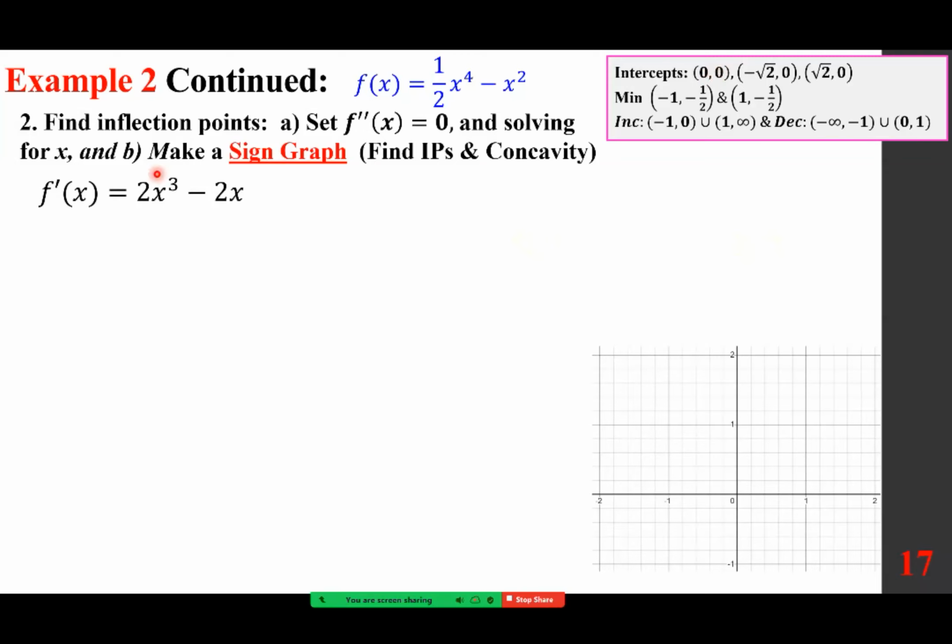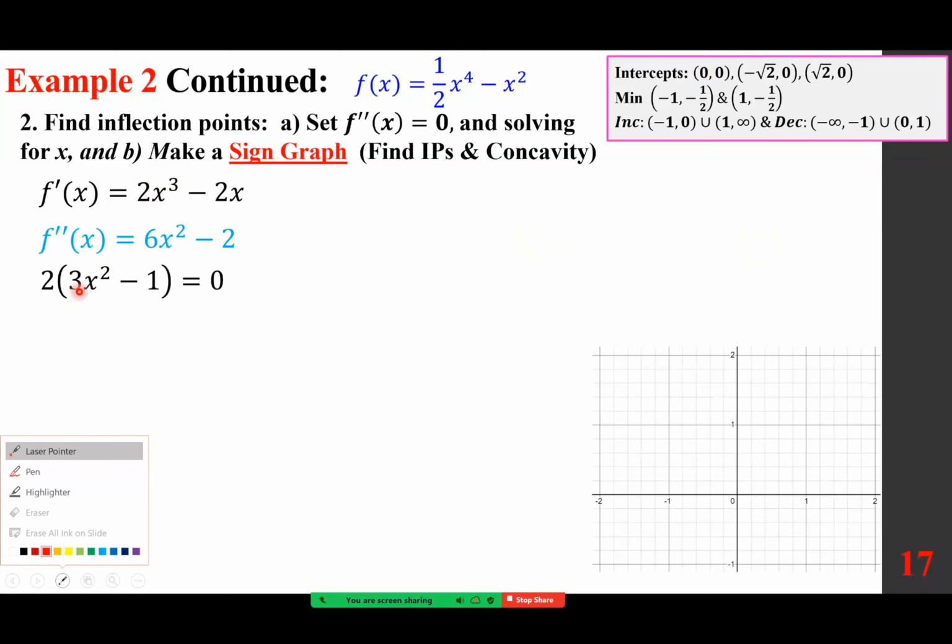So what is f double prime? 6x squared minus 2. Since I want to set this equal to 0 and solve, I'm going to factor the 2 out. And so I get 3x squared minus 1 is 0.